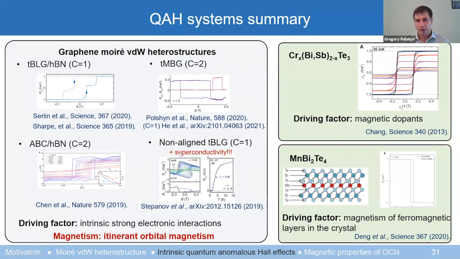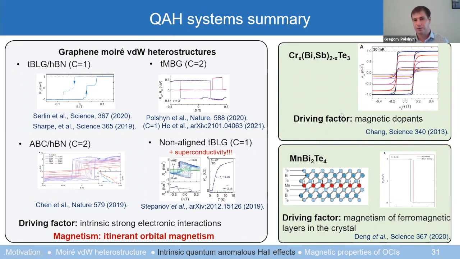And more recently, there was also an interesting finding of quantum anomalous Hall states with Chern 1 in non-aligned twisted bilayer graphene, and the exciting part about that result is that the same structure also supports superconductivity.